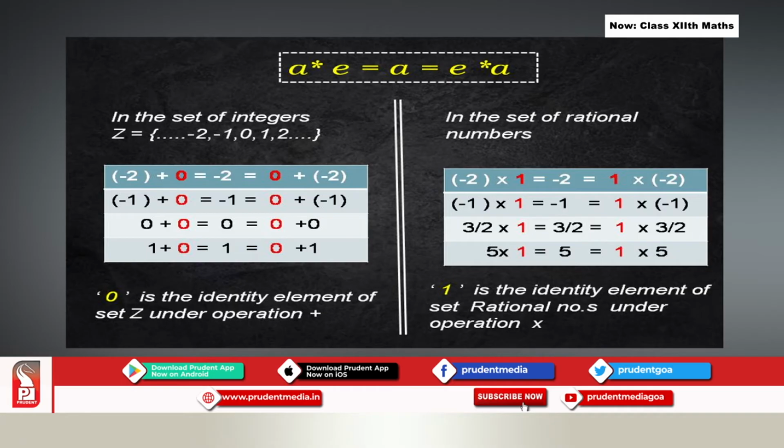If you multiply, you are getting back the same answer. Have you checked this? -2, then -1, then 3/2, then 5, and you change the order: 1 into -2, 1 into -1 this side, 1 into 3/2, then 1 into 5, on both sides the answer is the same. Then this number 1 is called the identity element.